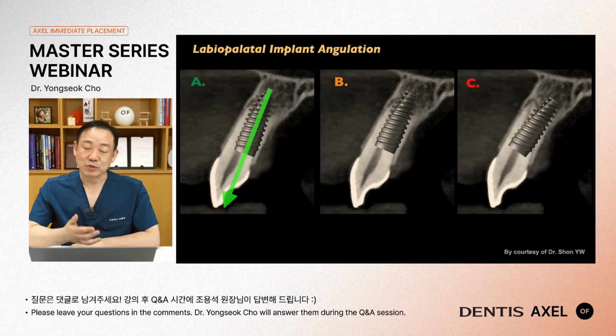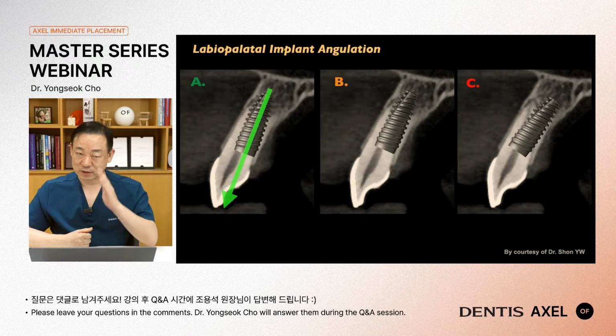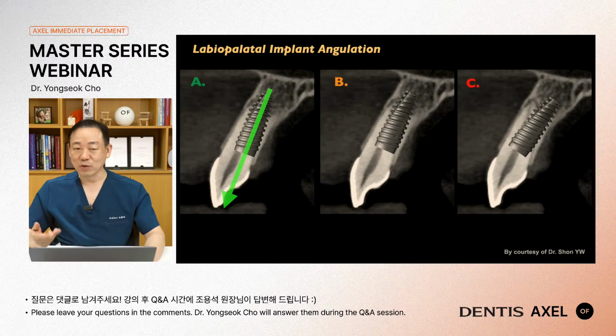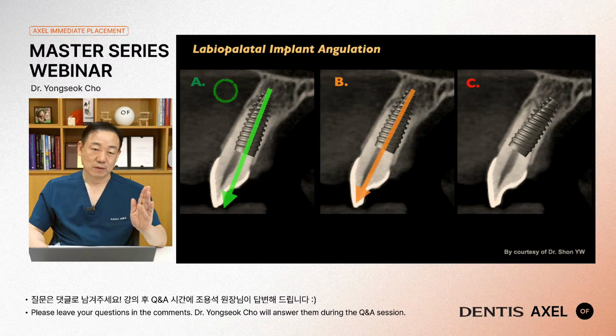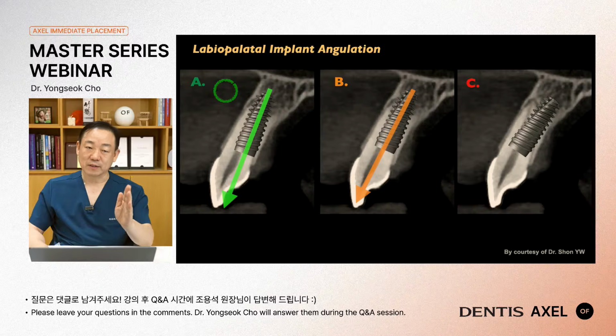So I pursue the A-type access hole direction. But it is not always possible. In this situation, I aim the implant axis toward the incisal edge, like B, and during the prosthetic procedure, we can tilt the access hole toward the cingulum.